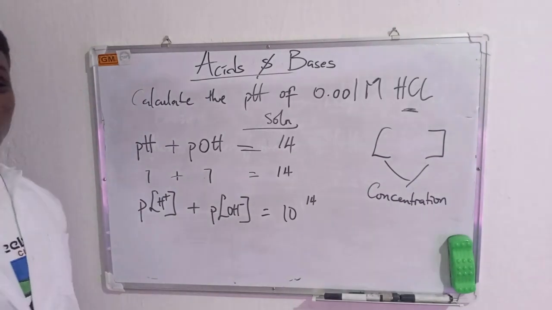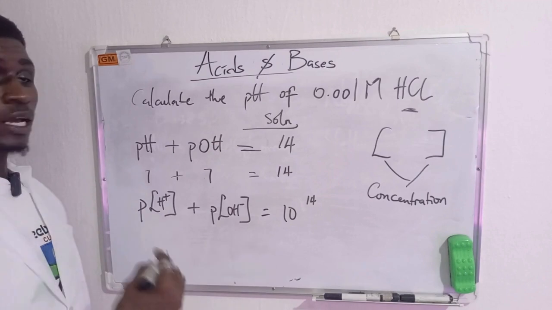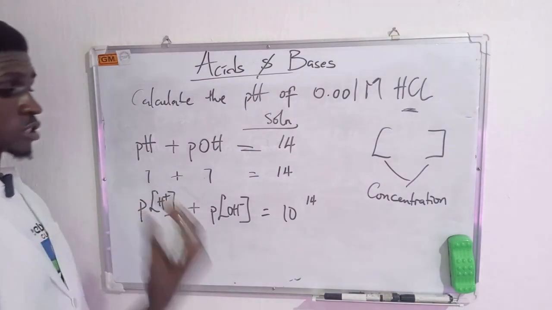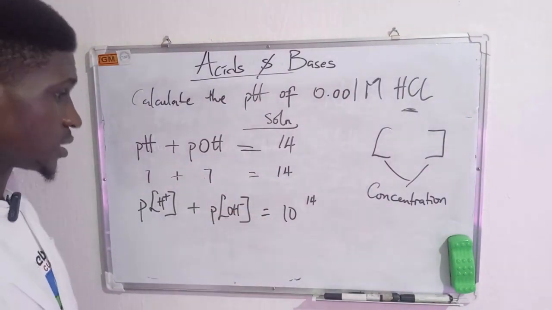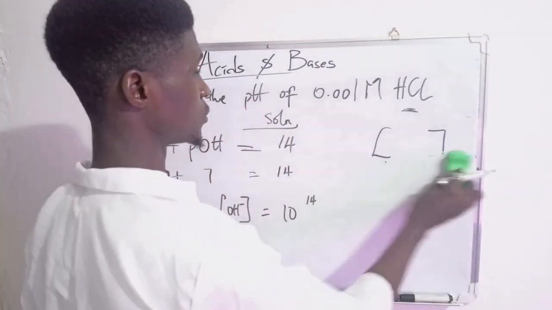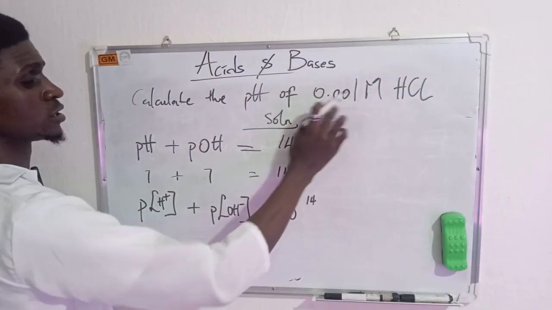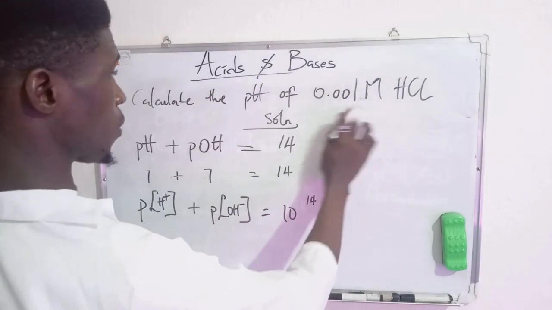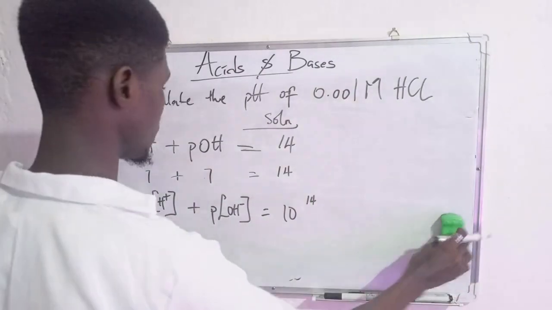This will help us to calculate the hydrogen concentration of an acid or the hydroxyl concentration of a base. Now in this question we just have to use one, which is the hydrogen concentration of this acid.